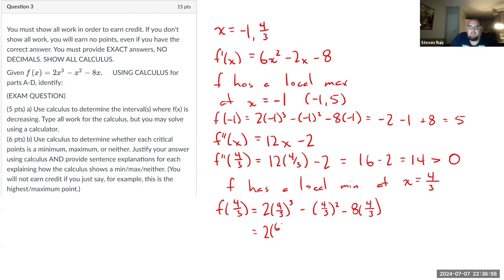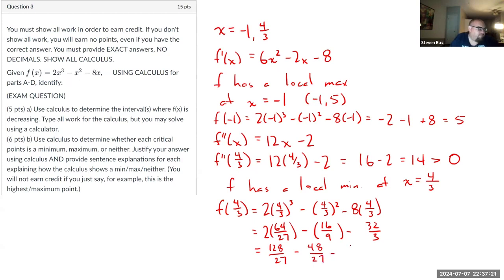So 2 times 64 over 27 minus 16 over 9 minus 32 over 3. Let's get some common denominators. So 128 over 27 minus 48 over 27 minus 32 times 9.